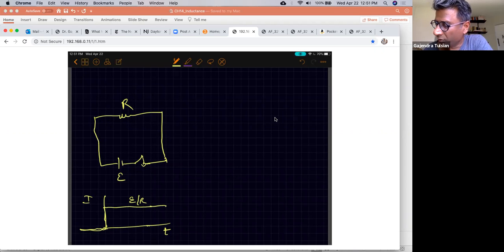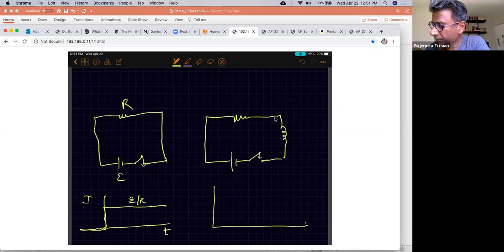Now here's the funny thing that happens. If you add an inductor and do the same thing, you close the switch at t equal to 0.